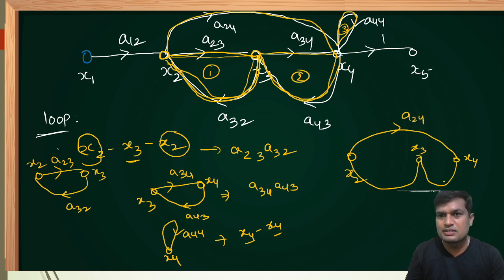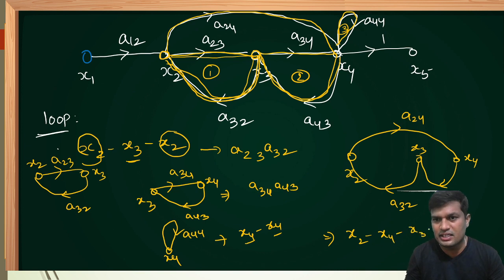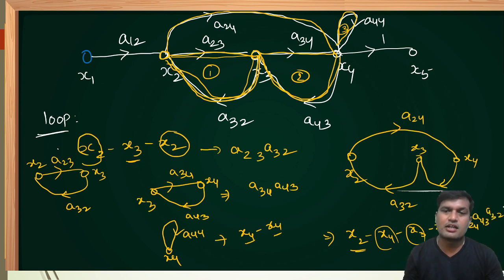A24, then A43, then A32. The loop path is x2, x4, x3, x2. Starting x2, ending at the same node x2, but internally x4 and x3 are not repeated more than once. What is the loop gain? A24, A43, A32. There are 4 loops.